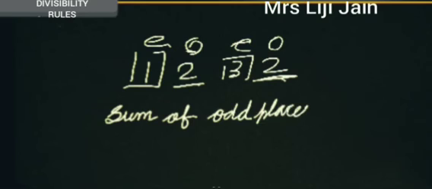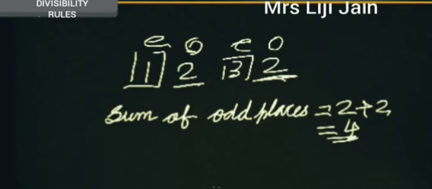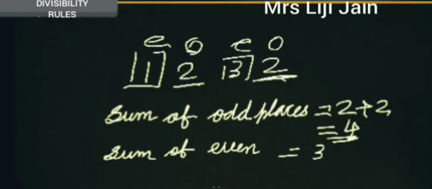Sum of the digits on odd places means 2 plus 2 equal to 4. Sum of the digits on even places equals 3 plus 1, that's equal to 4.